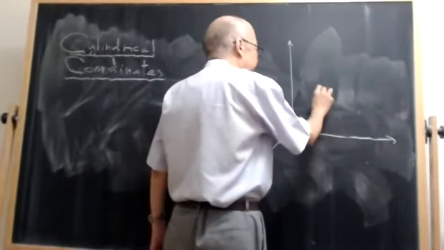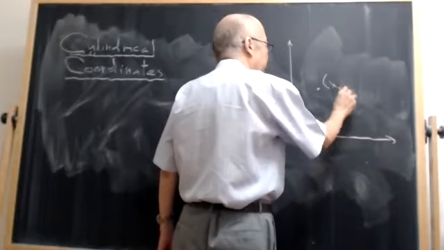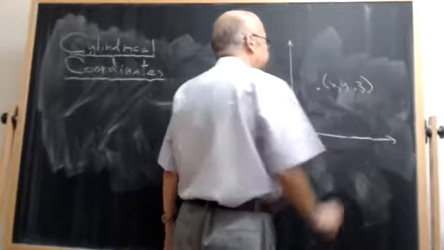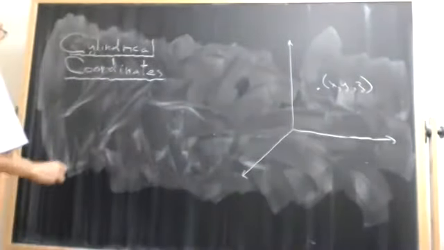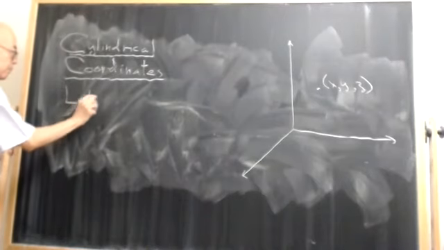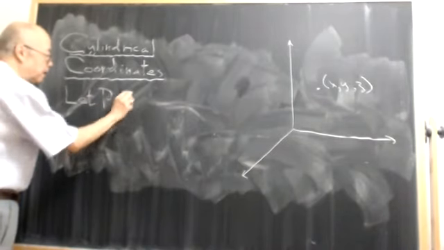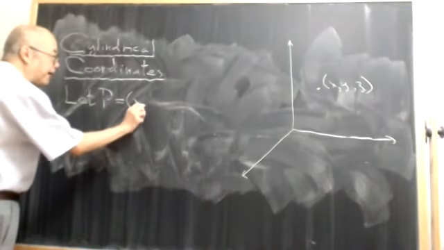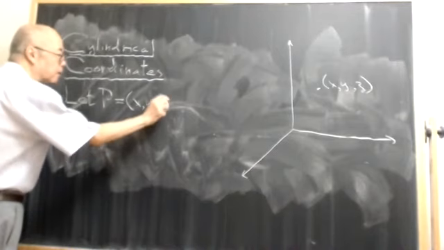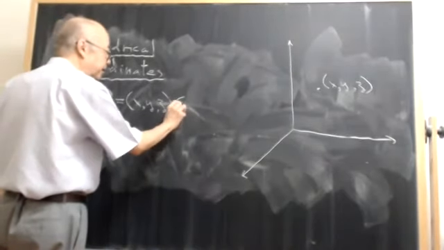I have a point in R3. So we let P, with coordinates X, Y, and Z, be a point in R3.